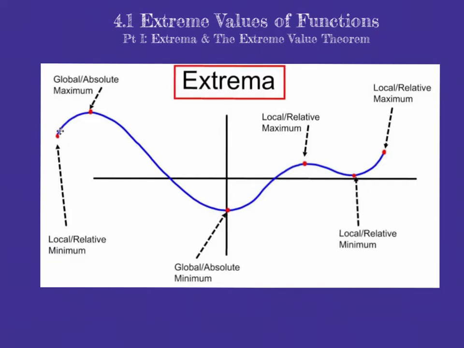The relative extrema, we can have a few of those, and this is an interesting idea. A relative maximum, here's one, occurs at the highest point in just a small area. So we can see that this is a little hill here, and this is the top point of that hill. While this is not the highest point on the whole function, this one is over here, it's still the highest point in its general area.